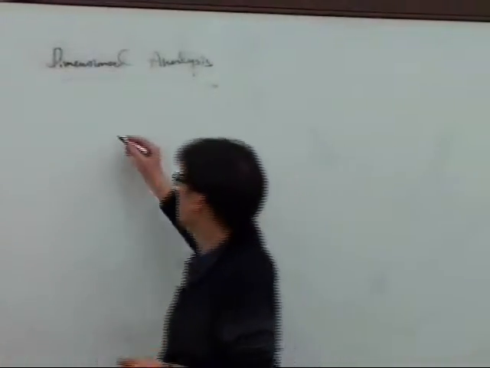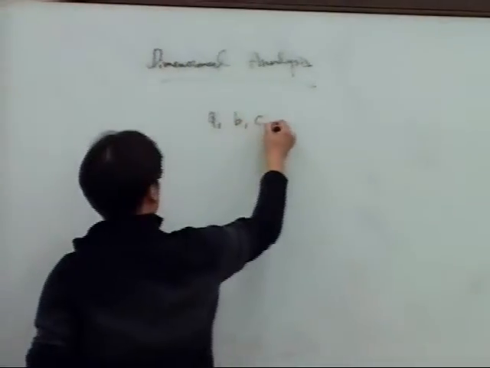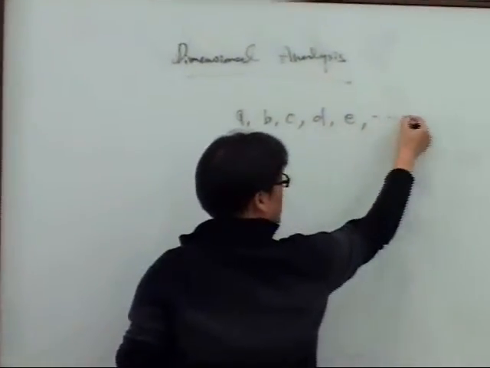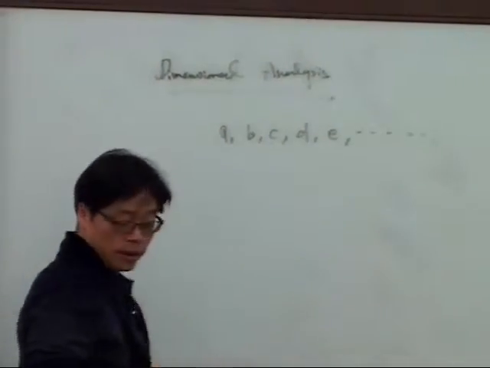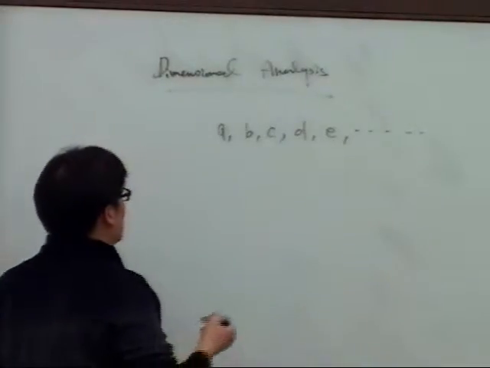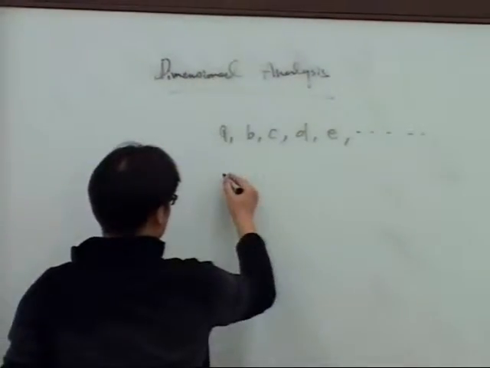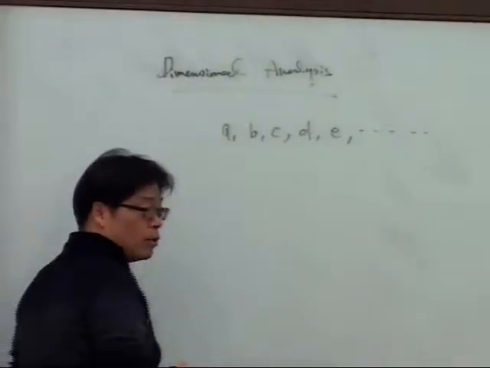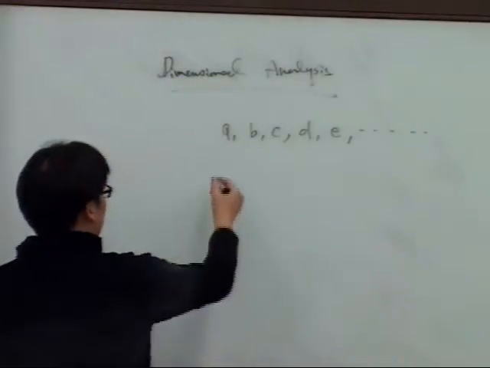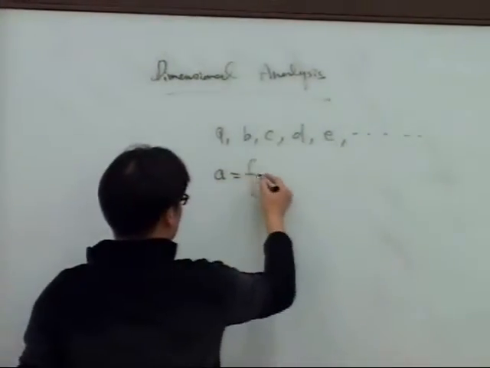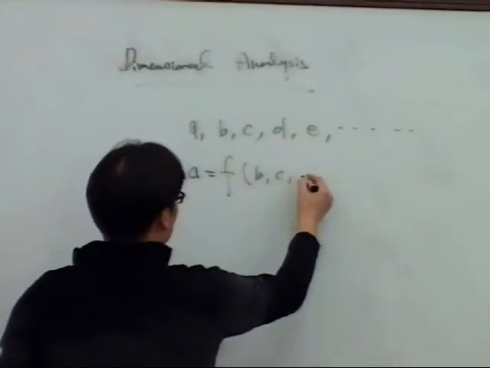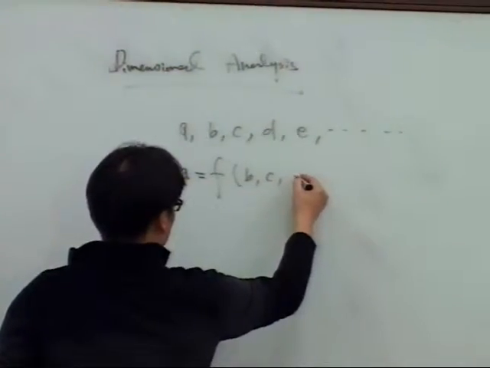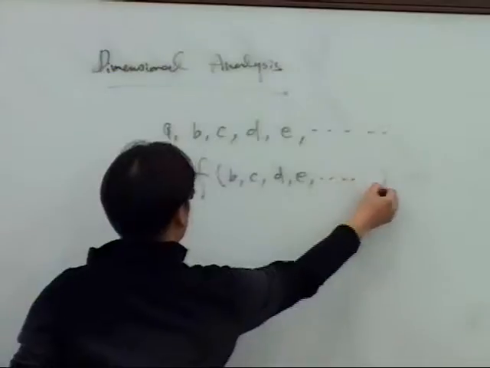So let's say A, B, C, D, E, and so on. In that case, you can represent the relationship between these physical variables. For example, A could be the drag, and then we can write this as a function of the rest of the variables like this.